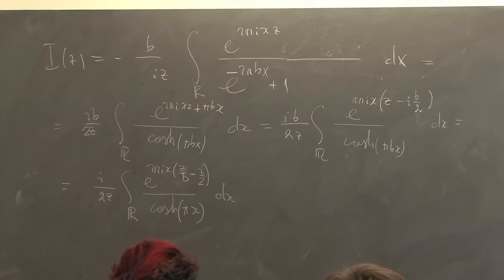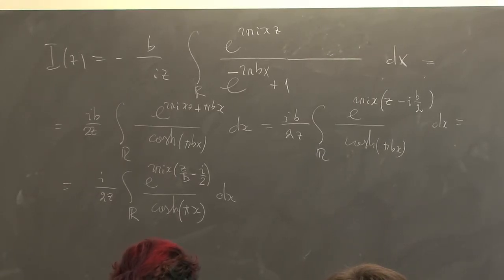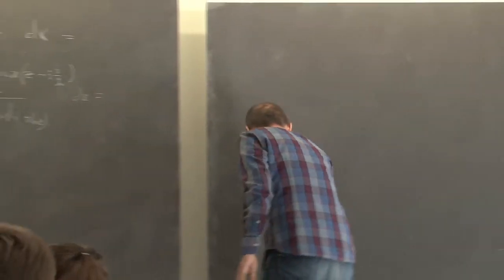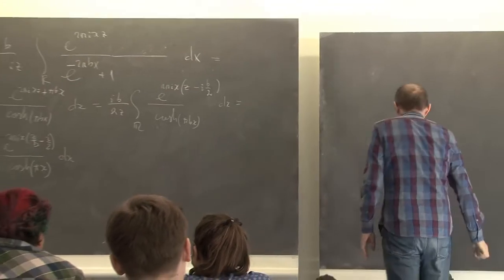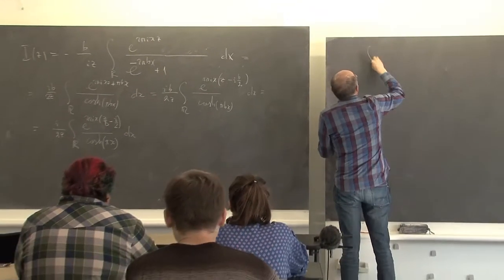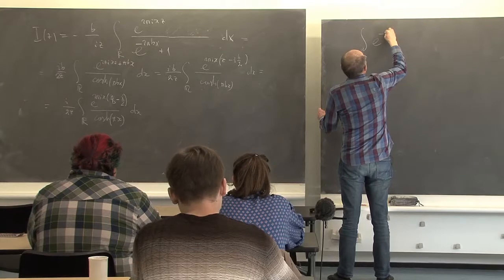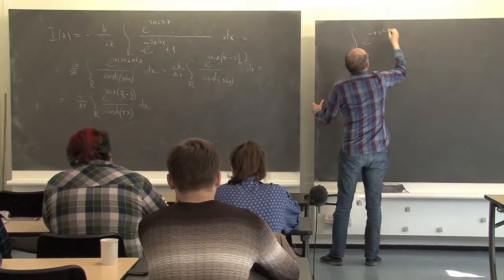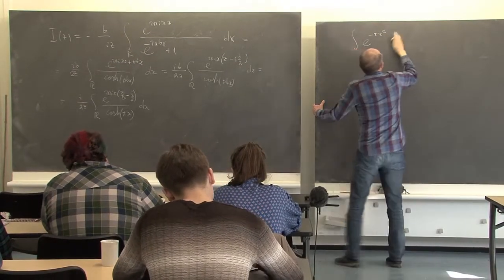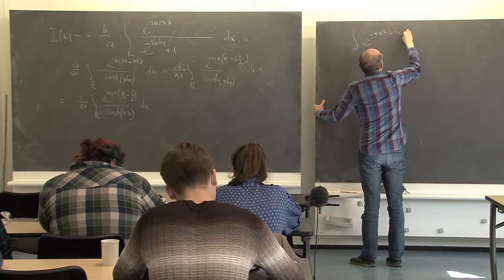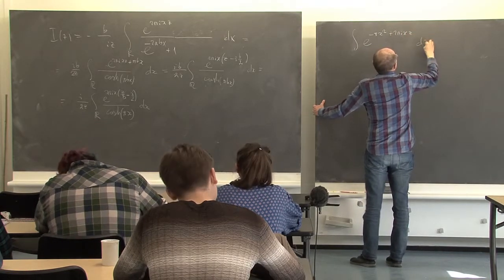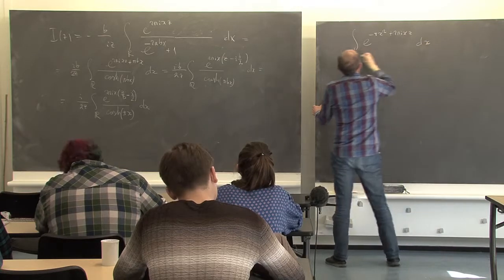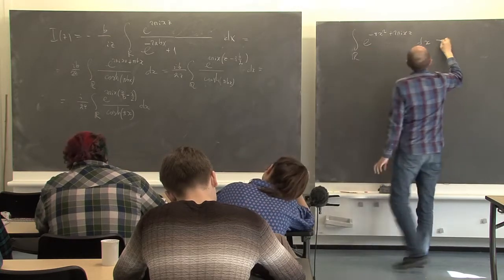That's better, right? Okay, let us see a Gaussian integral: e^{-pi x^2}, no, Fourier, e^{2 pi i x z}. What is the answer?